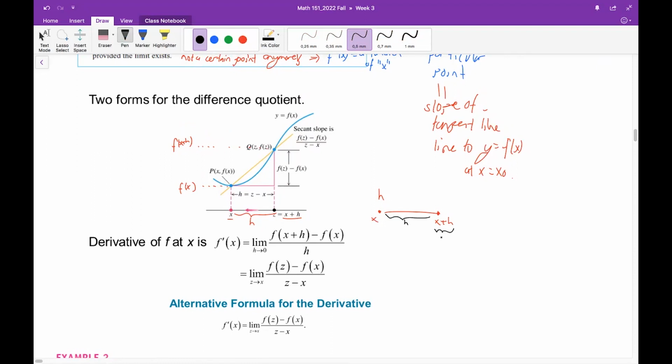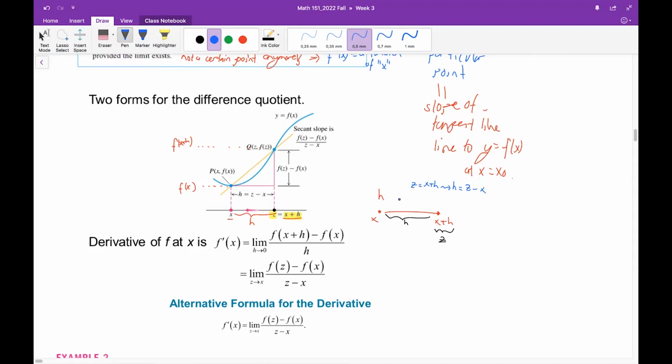Now we want to call this point z. You see, we name it z. So then h is what? Let me write it in this way. z equals x plus h, telling you that h is in fact z minus x.